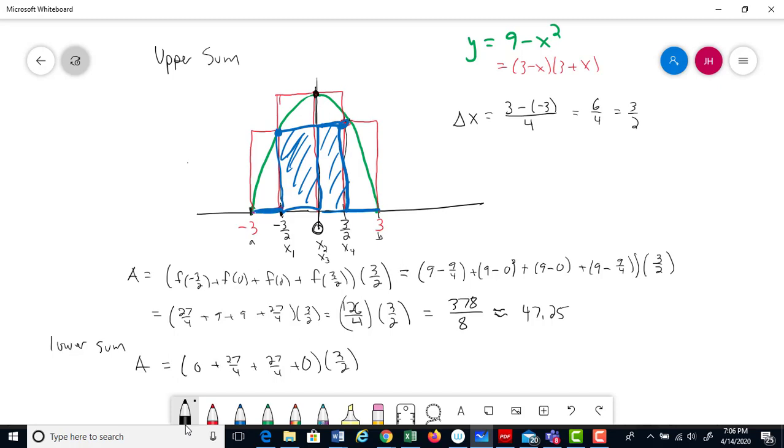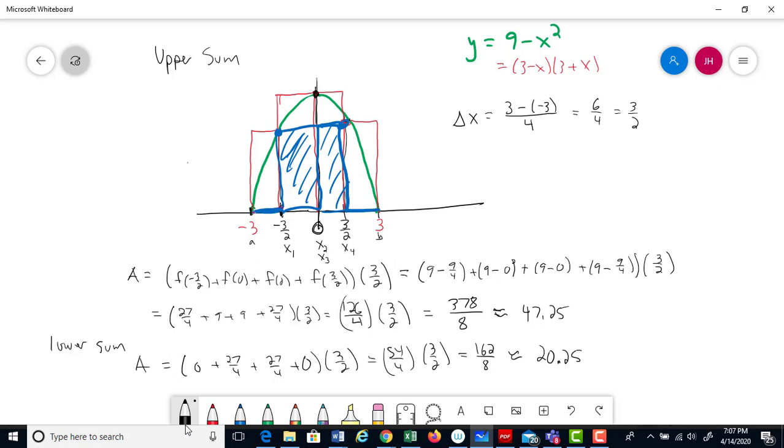So 27 plus 27 is 54 divided by 4. So this is 54 over 4 times 3 halves. That's 162 over 8, so this is about 20.25.